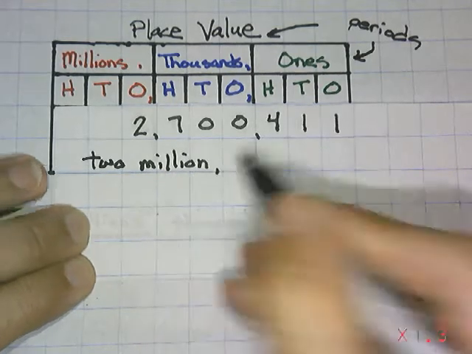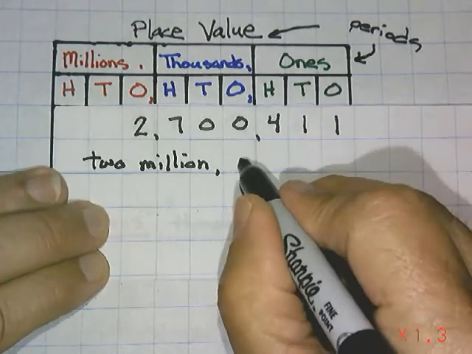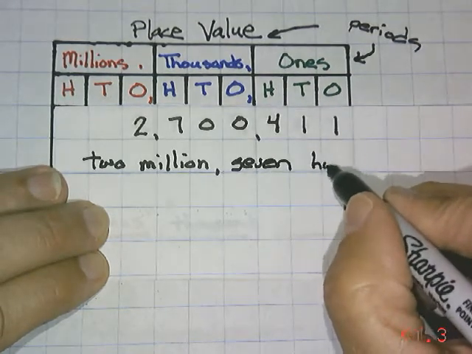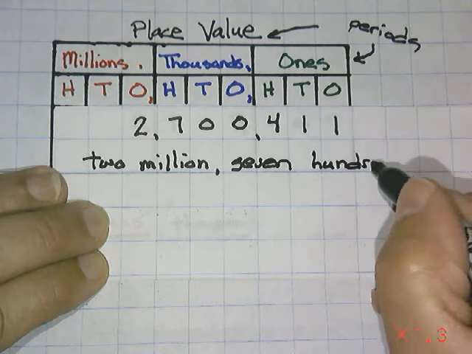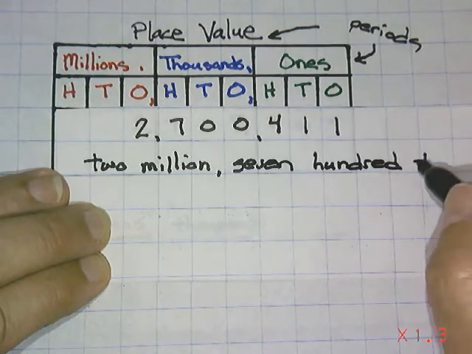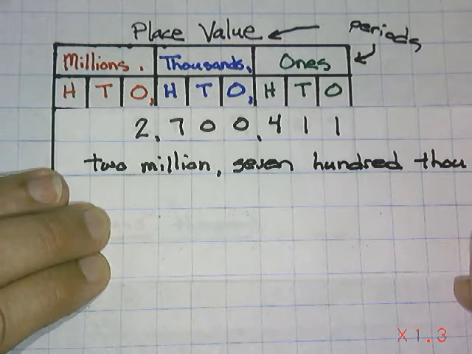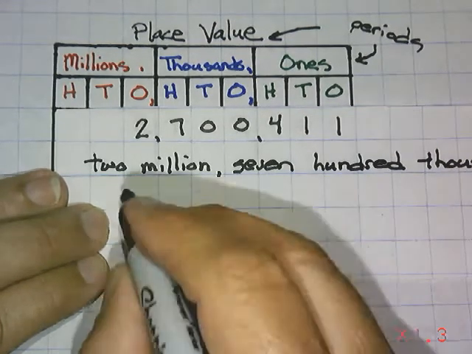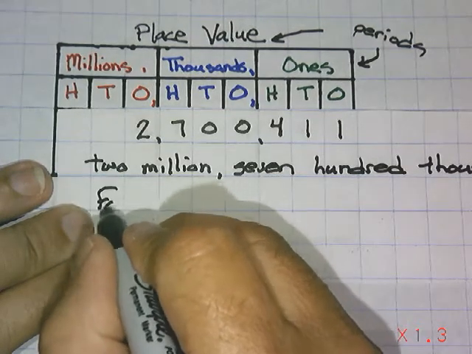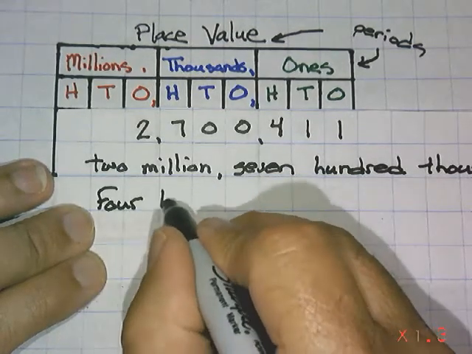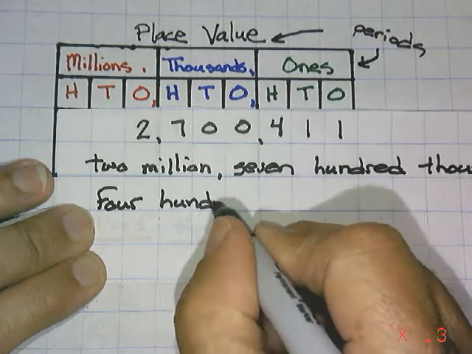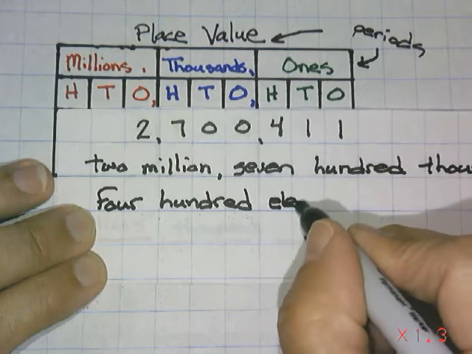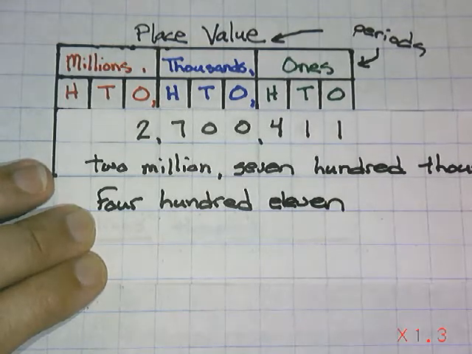Don't forget your comma. Two million, seven hundred thousand, because it's in the thousands period, comma, four hundred eleven. And yes, it's a lot of work. It does require patience. So there's your word form for that.